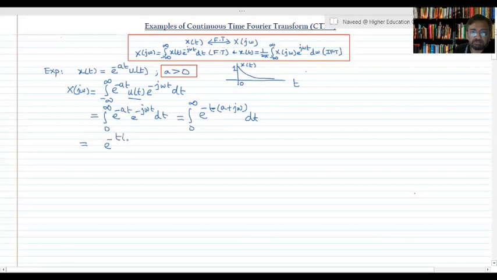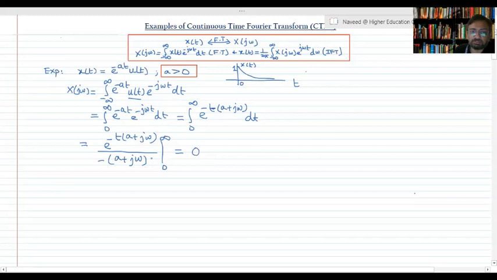Okay, it's a straightforward integral: e to the minus t (a plus j omega) divided by minus (a plus j omega), and the limits go from 0 to infinity. And then we substitute these limits in the numerator. When we put t equal to infinity, because we have imposed this condition on a, the exponent is negative, and negative multiplied by infinity, the exponent becomes 0.